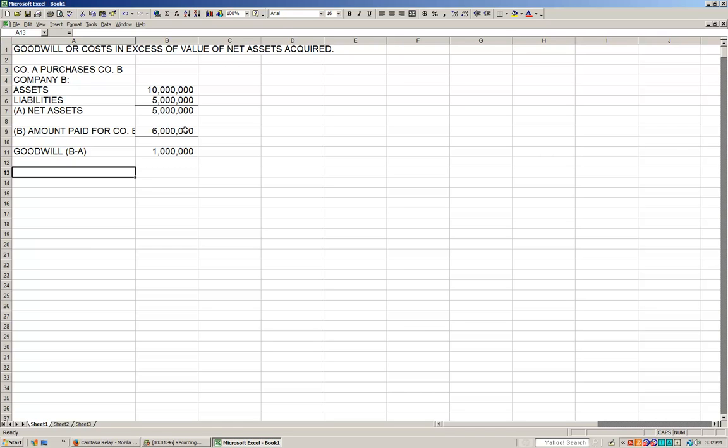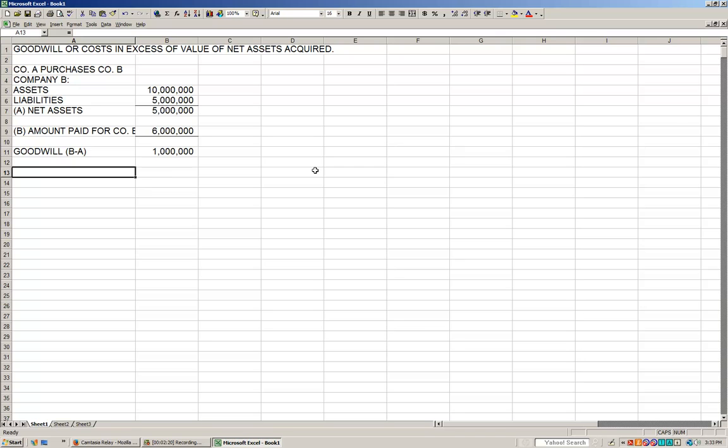Let's assume that company A paid $6 million to acquire company B. Well, the cost in excess of the value of the net assets acquired is, in this case, clearly $1 million. $6 million was paid. The net assets were worth $5 million. Difference is $1 million. So that creates $1 million worth of goodwill on company A's books. Company B, of course, ceases to exist once it's acquired.